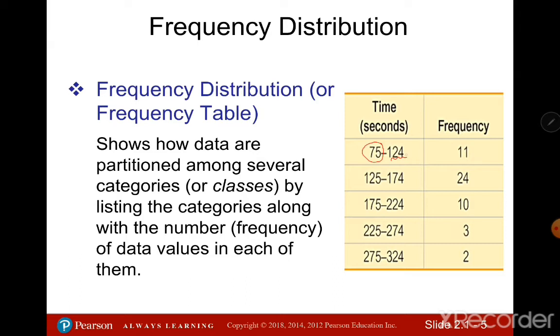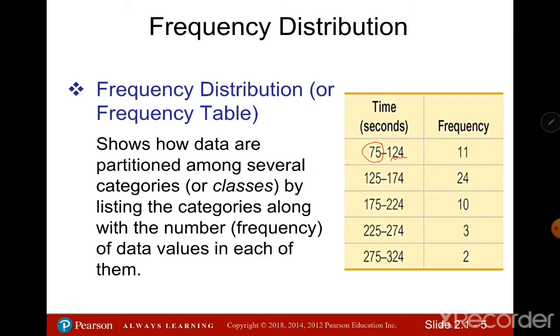If we check the upper limit and the lower limit of two consecutive classes, we will find in the first class, the upper limit is 124 and the lower limit of 125 is not the same number. Of course, it cannot be the same number. But if they are not the same number, that means there is a gap. Right? There is a gap.